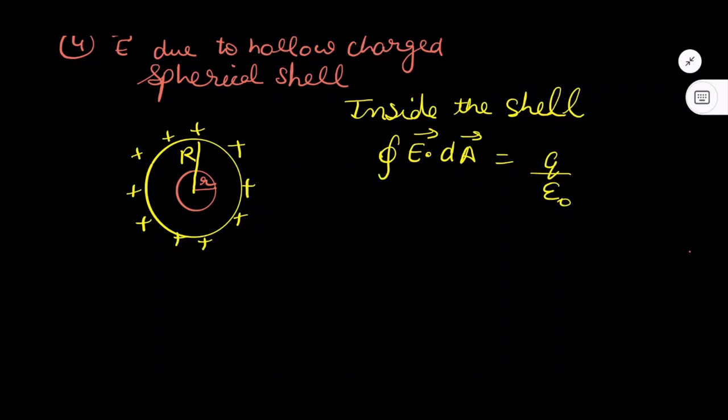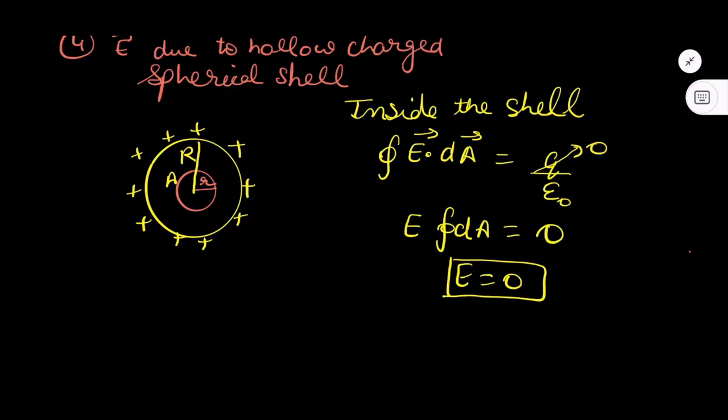Let's call the Gaussian sphere A. The Gaussian sphere A has no charge enclosed within it. The whole of the charge is outside the sphere. So the charge enclosed will be 0 here. If the charge enclosed is 0, the electric field will also be 0, right?